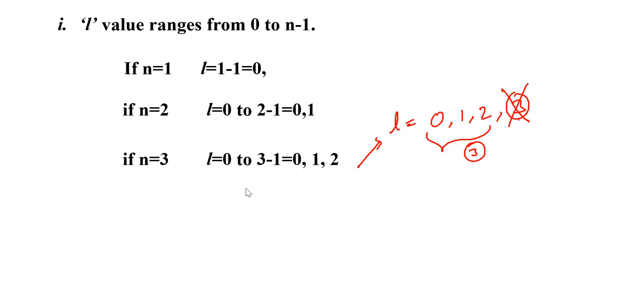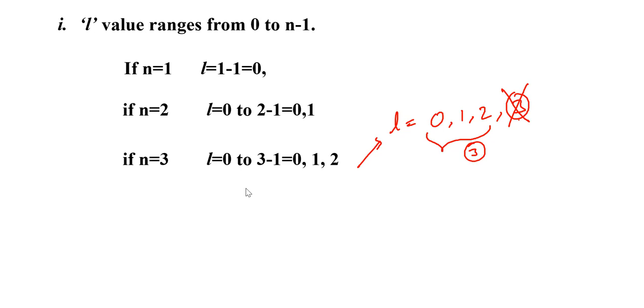So one point you can write here: the number of azimuthal quantum numbers is equal to the principal quantum number.